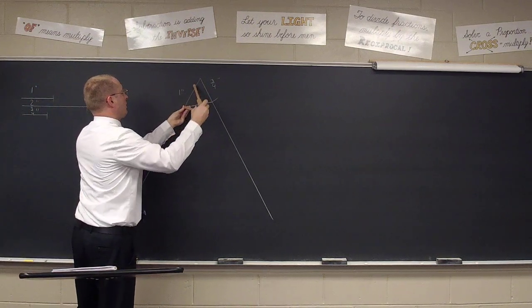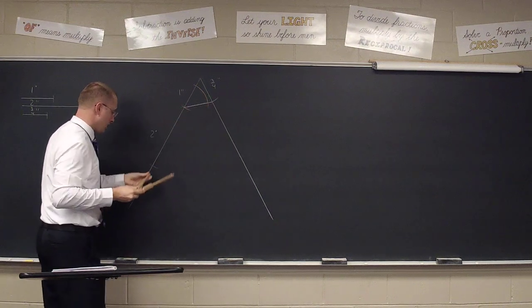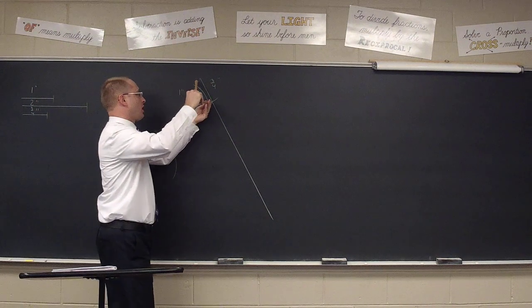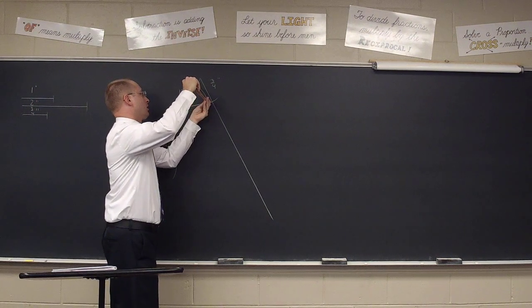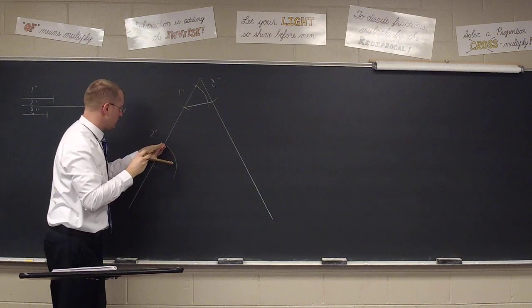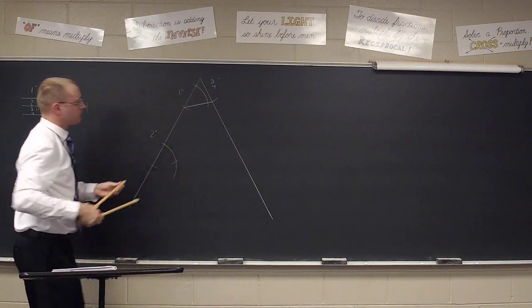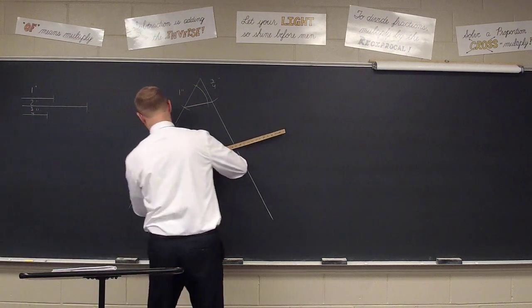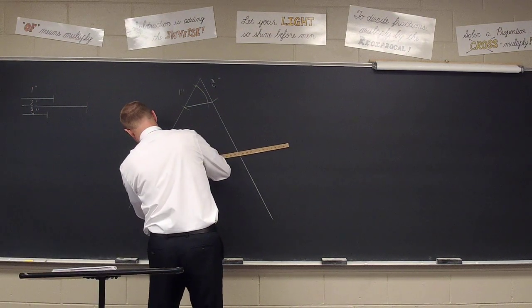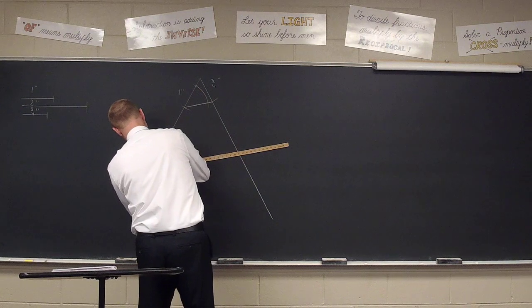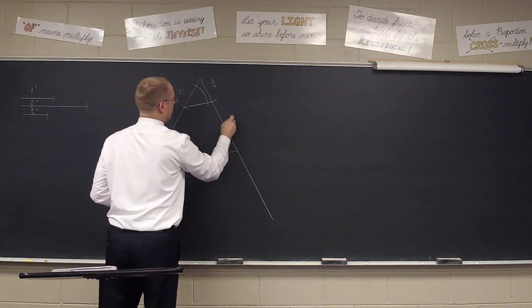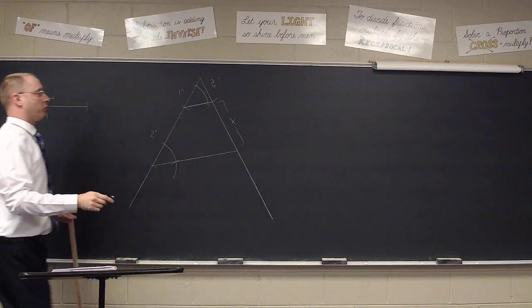And so we'll make the arc here, come down here to the end of the 2 inch segment, make the arc, measure across. Measure across this way as well. And when we connect the dots, we should get a line that is parallel to this one, and this right here is your fourth proportional.